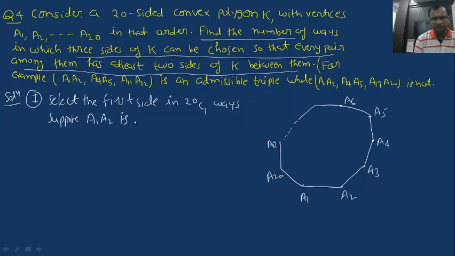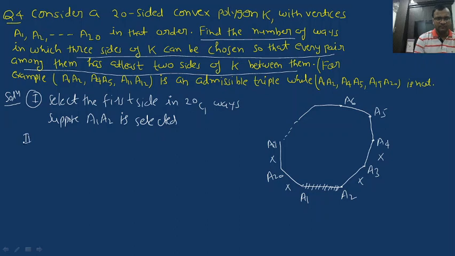Suppose we have selected A1A2, and if A1A2 got selected, then we cannot select A2A3 as well as A3A4 from the right side, and from the left side we cannot select A1A20 as well as A20A19.